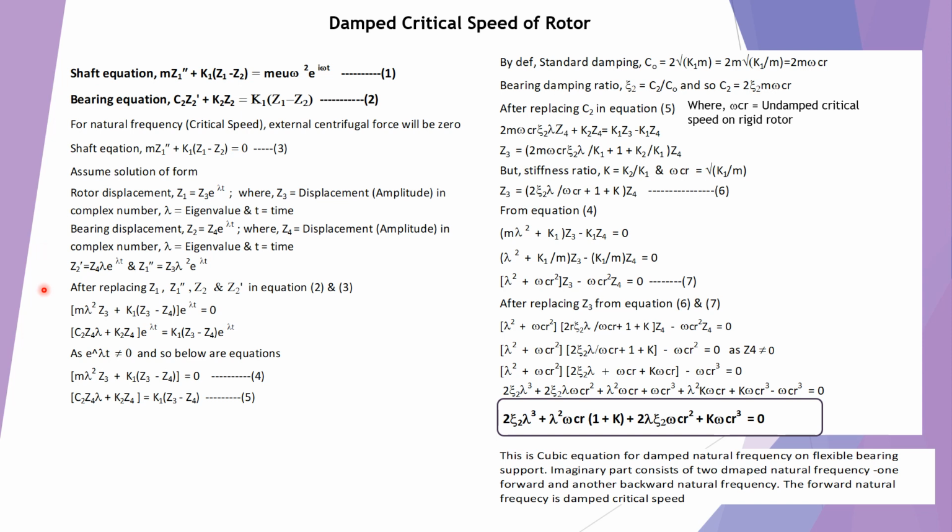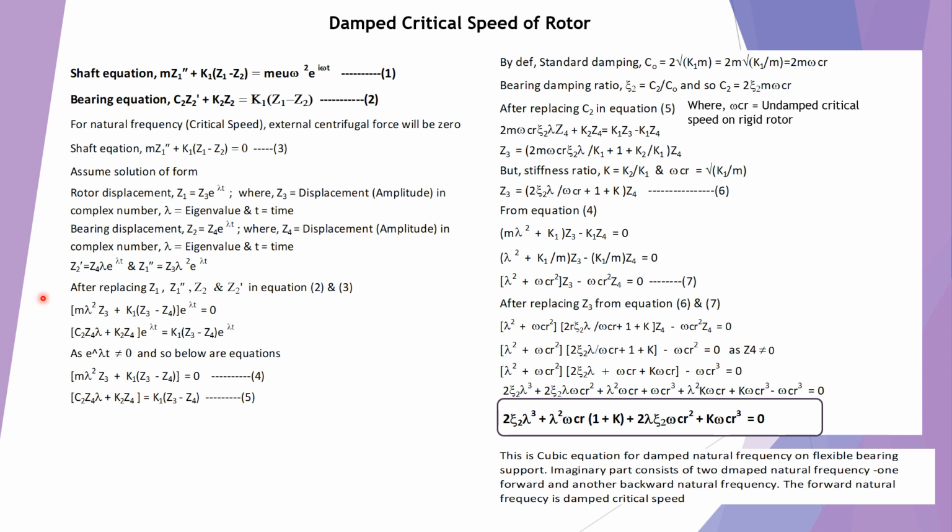So z2' is equal to z4 λ e^(λt), and z1'' is equal to z3 λ² e^(λt).